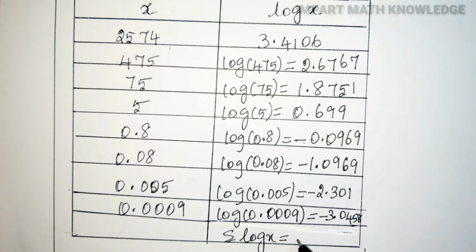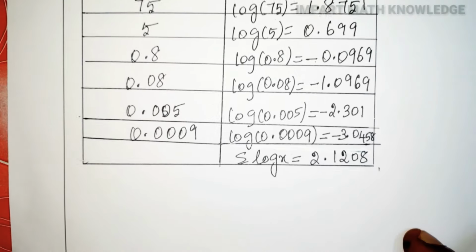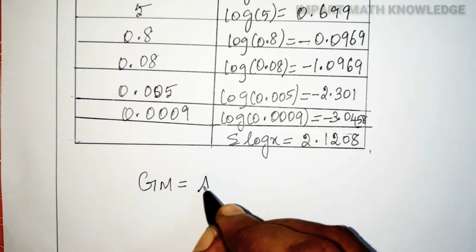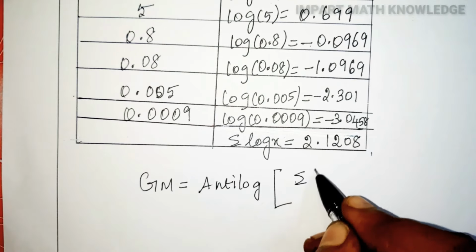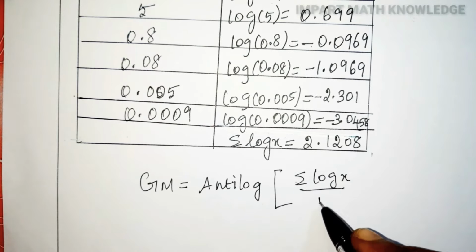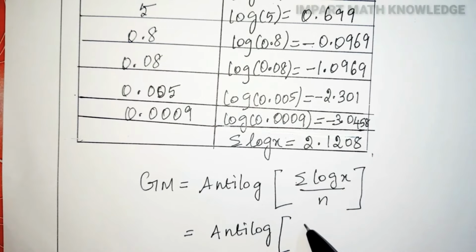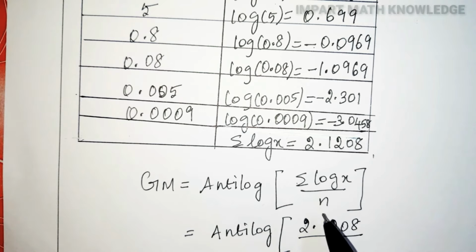Sigma log x is equal to 2.1208. Now the formula for geometric mean is antilog of sigma log x divided by n. That is antilog of sigma log x is 2.1208. N is number of items.